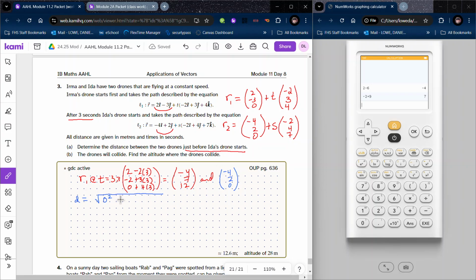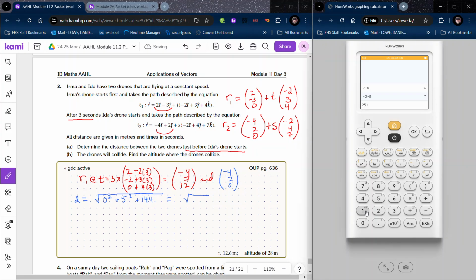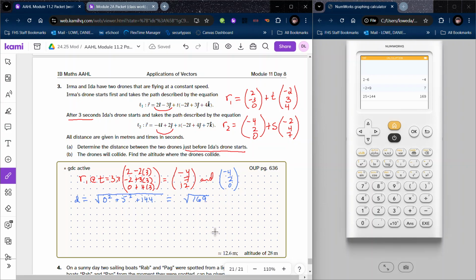The difference between 7 and 2 is 5, squared. The difference between 12 and 0 is 12, squared, which is 144. So that's the square root of 25 plus 144, which is 169, and that would give us about 13 meters.